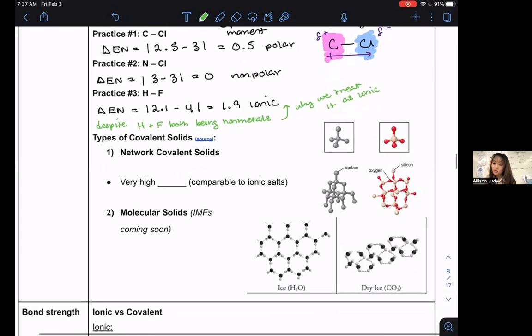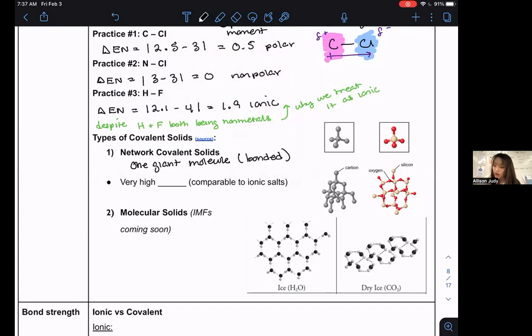So there are a couple types of solids that we can look at when looking at covalent structure solids. The first is called a network covalent structure, and you can kind of think of it as like one giant molecule. It's where we see individual molecules suddenly just molecularly bond to one another. Okay. It's all bonded together.